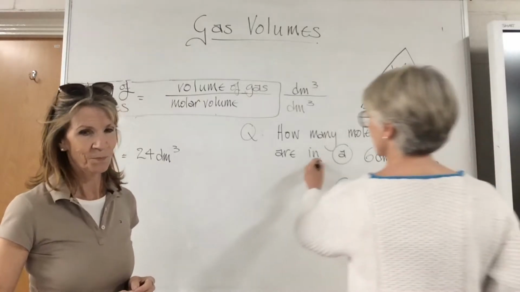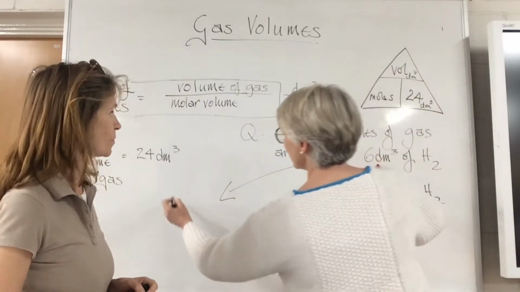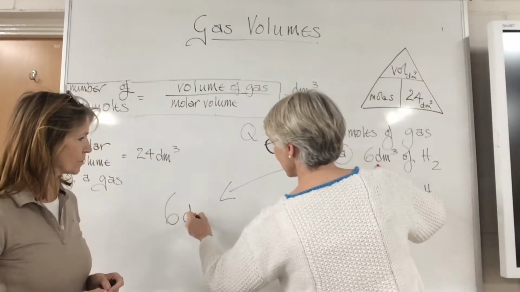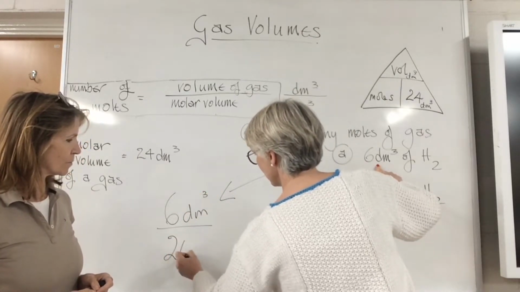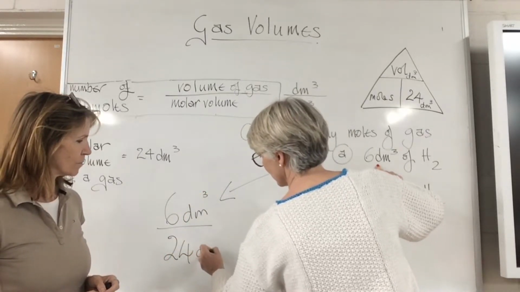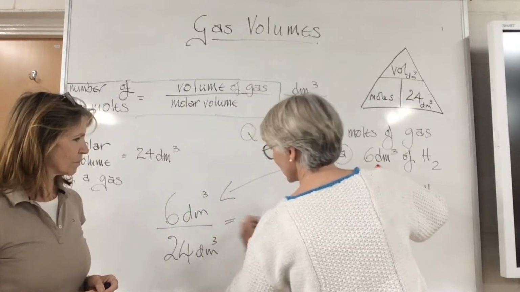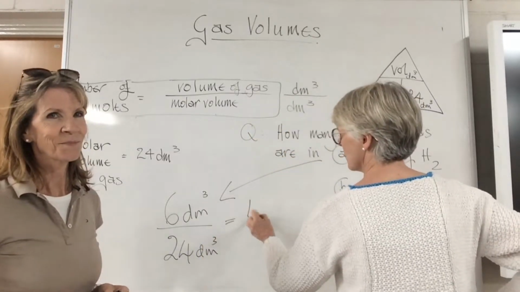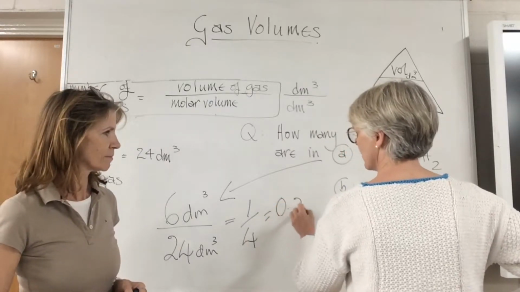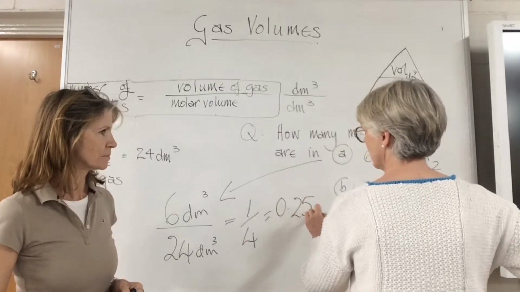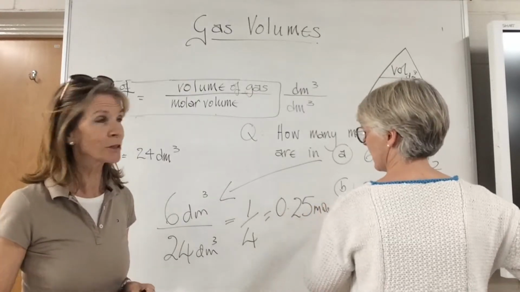The volume is 6 in decimeters cubed, divided by 24. So 6 over 24 is 1 over 4, which is 0.25 moles.